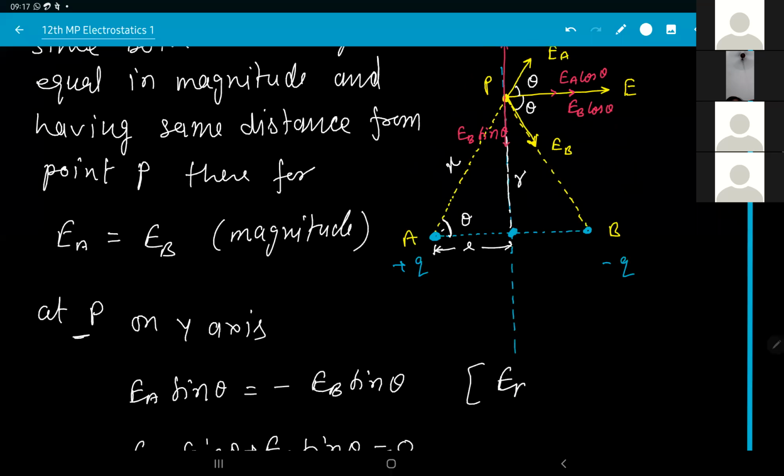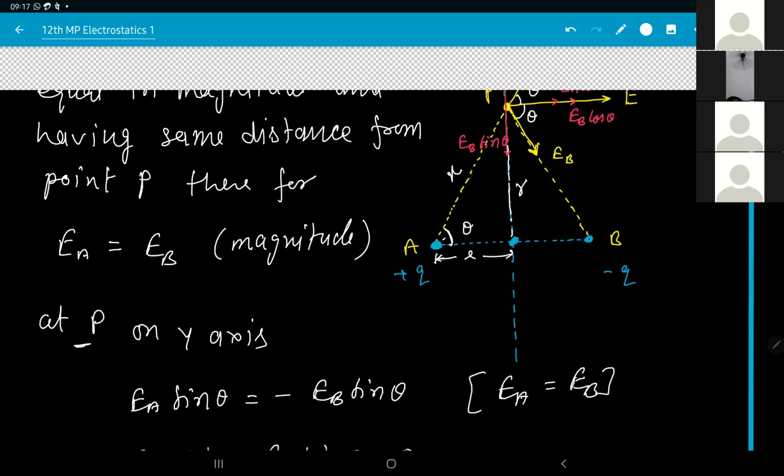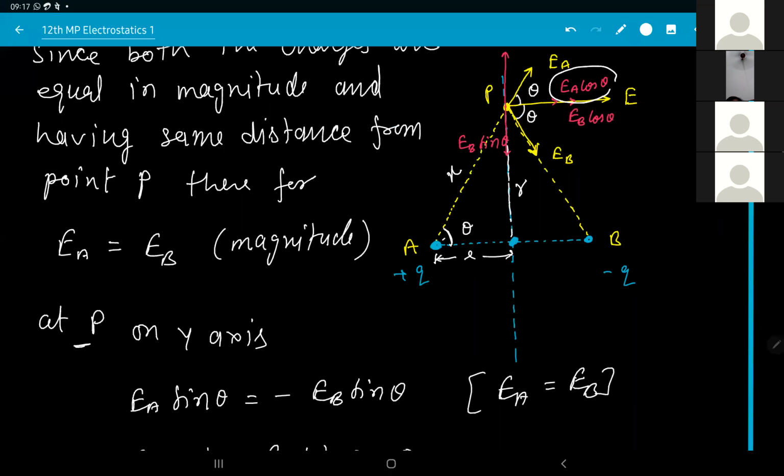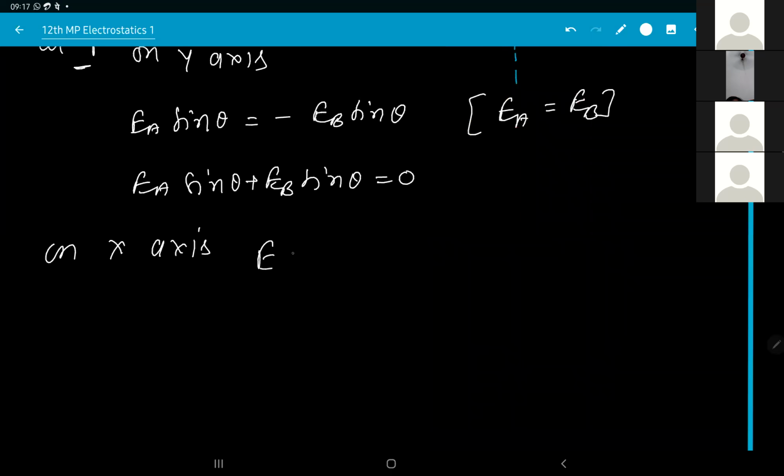Why? Because EA is equal to EB in magnitude. Okay, on the x-axis, the net electric field will be equal to EA cos theta plus EB cos theta. Okay, so we can write E is equal to EA cos theta plus EB cos theta.